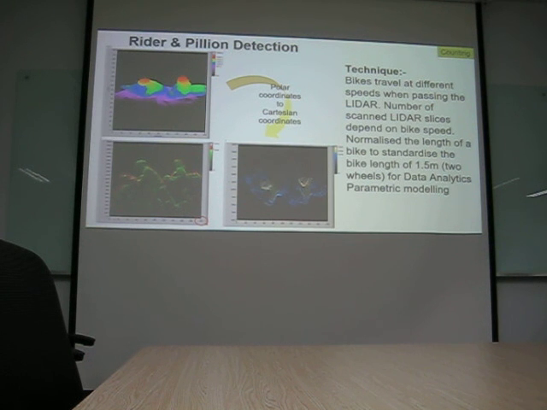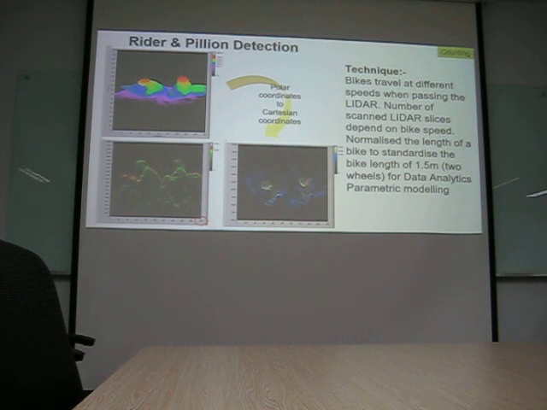Why I tell you all this is because these are all processing techniques you need before you go into computer imaging to get it accurate. How do you find where the start and end are? Because at every slice, while it keeps scanning, before the bike arrives I get nothing.